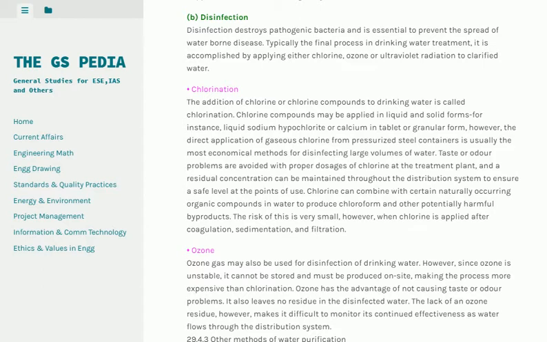Chlorine can combine with certain naturally occurring organic compounds in water to produce chloroform and other potentially harmful byproducts. The risk of this is very small, however, when chlorine is applied after coagulation, sedimentation, and filtration.